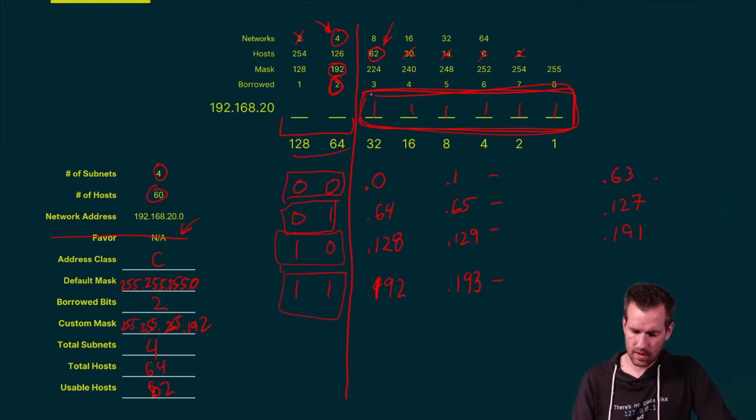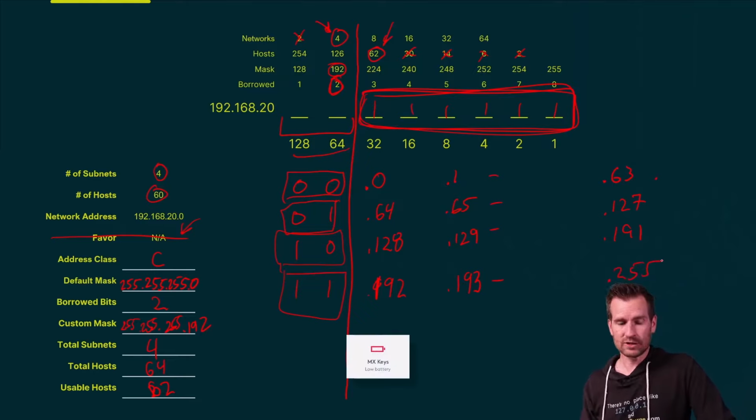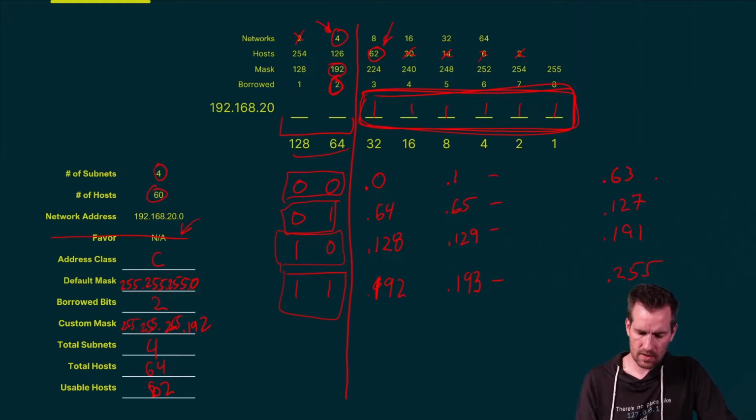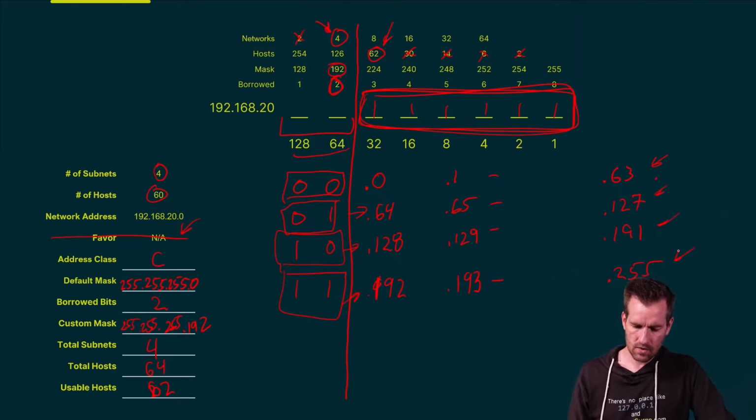So the last one is .255. To double check our work, the end of this range should be the beginning of this range. So 63, 64, 127, 128, 191, 192, or 255 is the last one. So that makes sense.